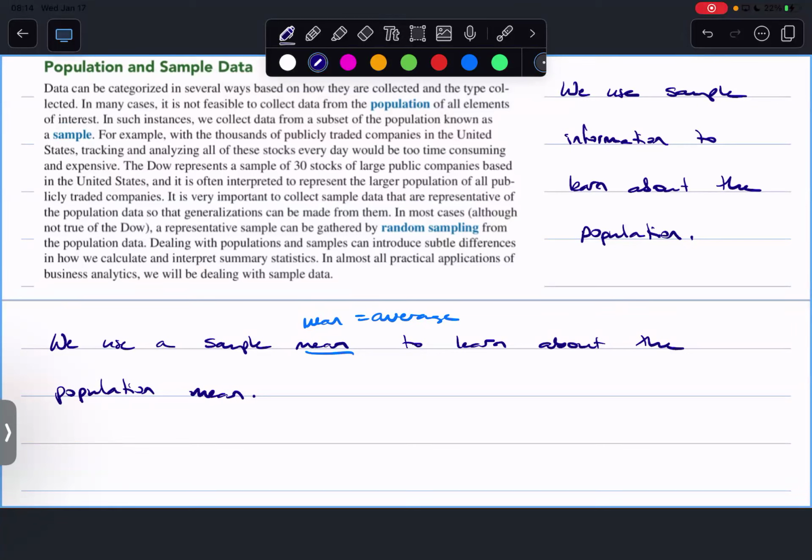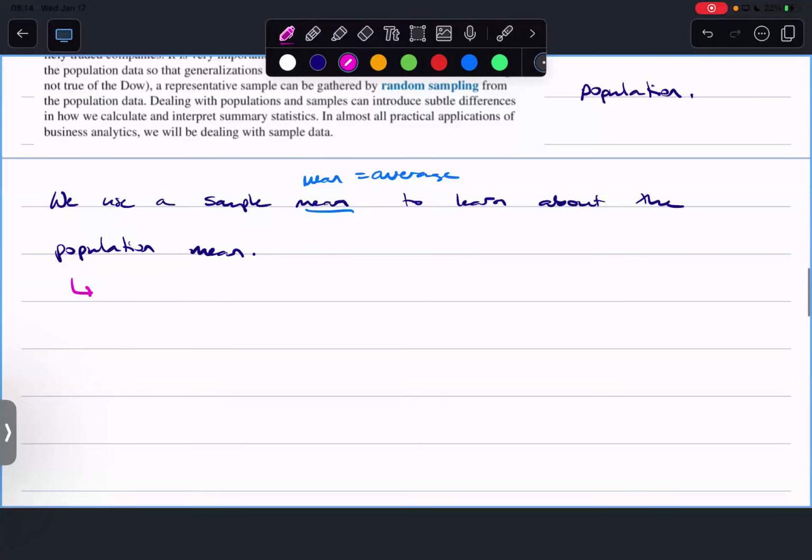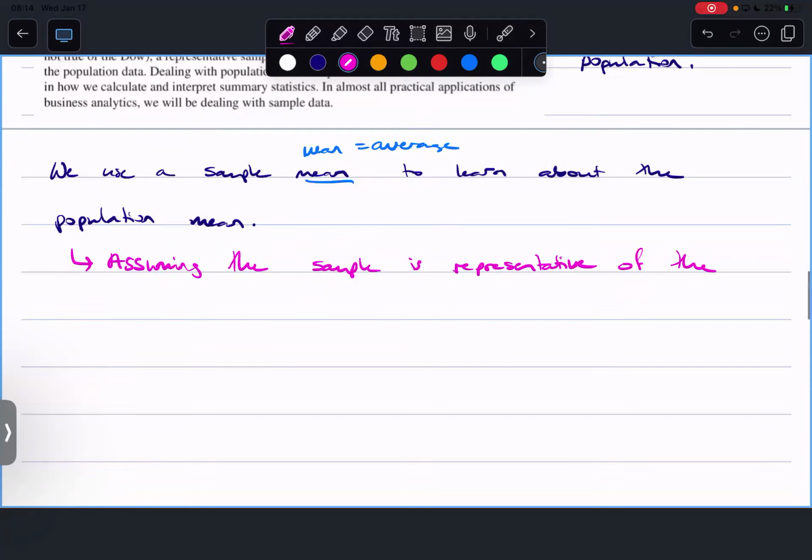We know that intuitively. And so one of the big assumptions that we're making here is assuming the sample is representative of the population.